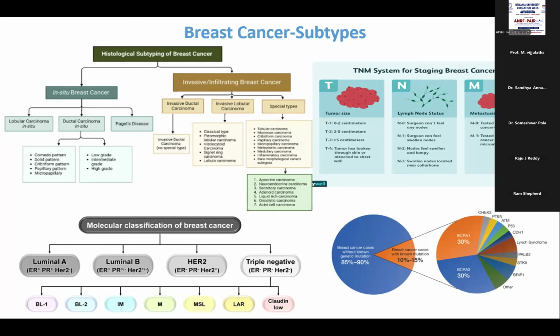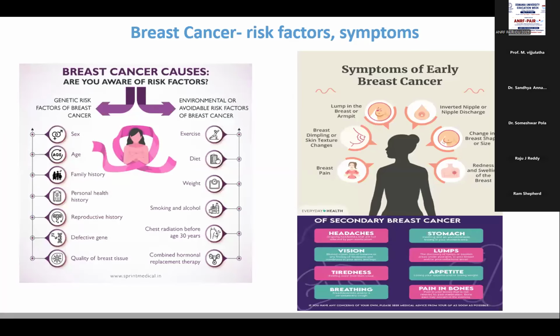And coming to the genetic aspects, as I told you, only 5 to 10% of breast cancers are hereditary, and majorly it is acquired with involvement of mutations in high penetrant and low penetrant genes. Majorly, BRCA1, BRCA2 mutations are implicated in breast cancer.